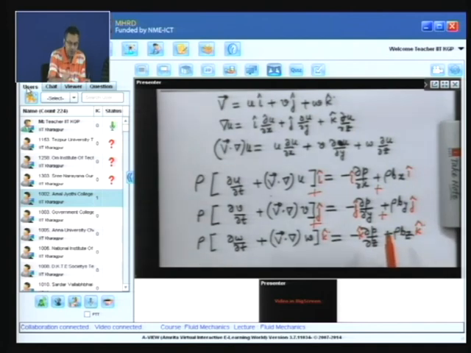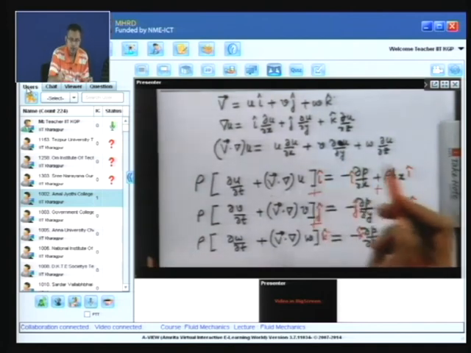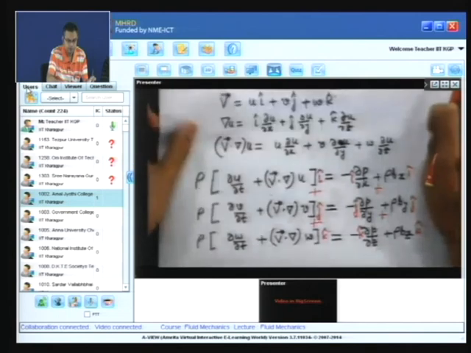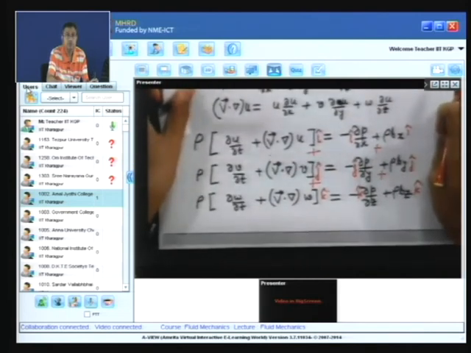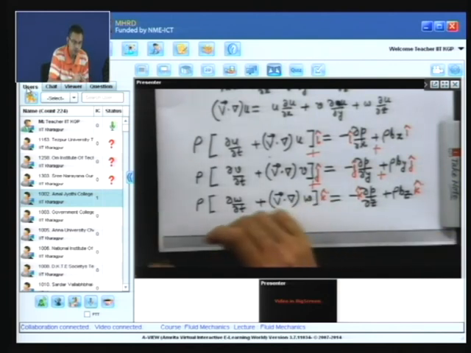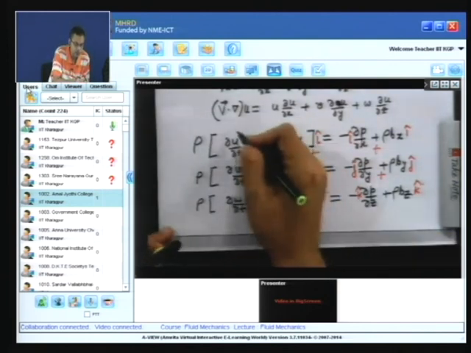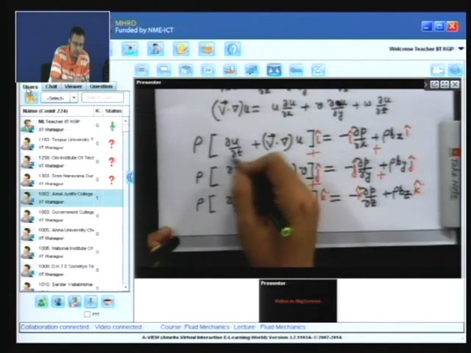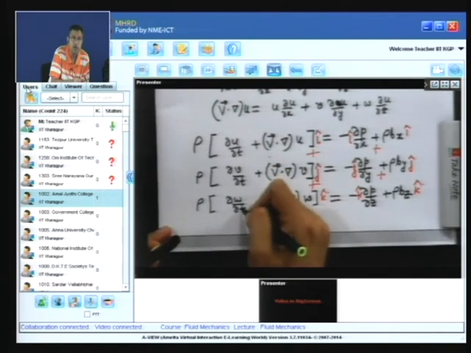So when we make that, let us do it here itself before going into a next page. What you see here is that it is del u del t i cap plus del v del t j cap plus del w del t k cap.